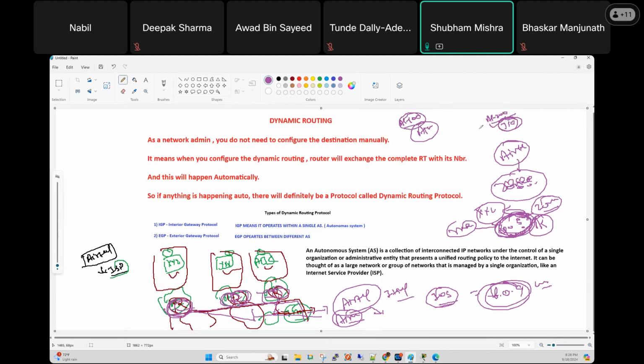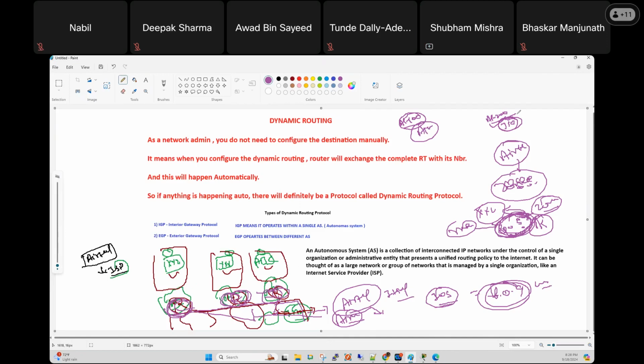It means if you want to communicate or route traffic over the public network, you need to assign a unique AS number. What is a unique AS number? For example, Airtel is using 100 and Jio is also using 100. So there will be a conflict over the internet.